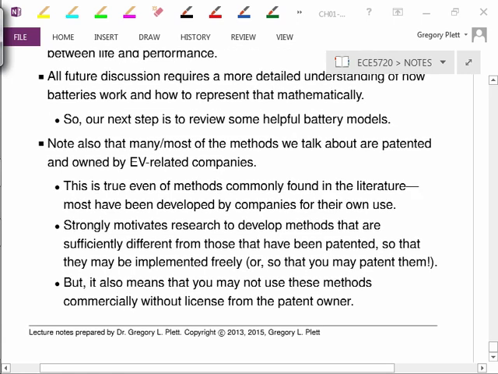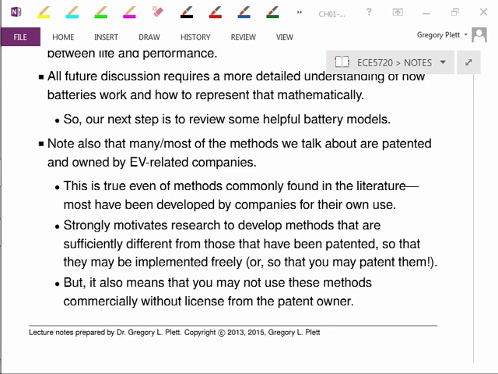Before finishing this chapter, I want to do due diligence here and let you know that I'm walking a pretty fine line teaching this course. Many or most of the methods that we talk about in this course are patented and owned by EV-related companies. And there's a very, very rich set of patent literature on the kind of things that we talk about.